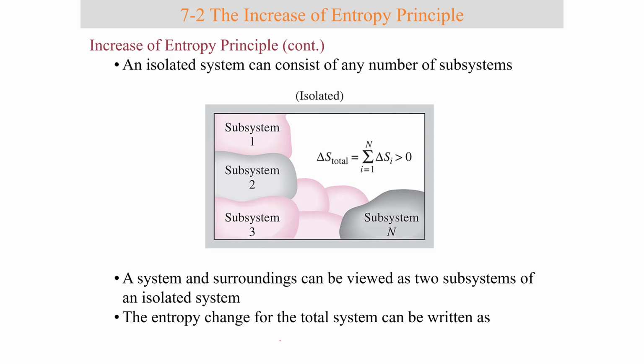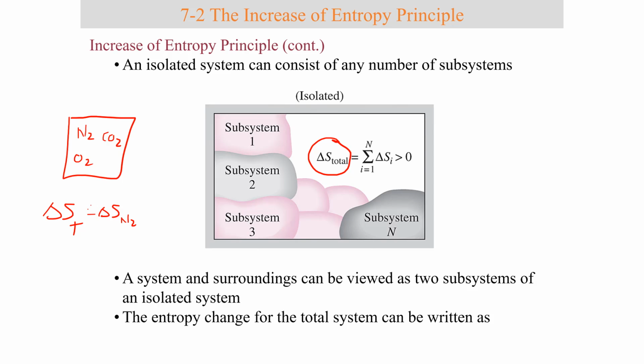Now, the total entropy of a system can be equal to the change in entropy of the subsystems. So let's say I have nitrogen, oxygen, carbon dioxide, all inside of a system, and I want to find a total change of entropy. Well, I can equate it to the change in entropy of nitrogen plus the change in entropy of CO2 plus the change in entropy of O2, as in this particular example.